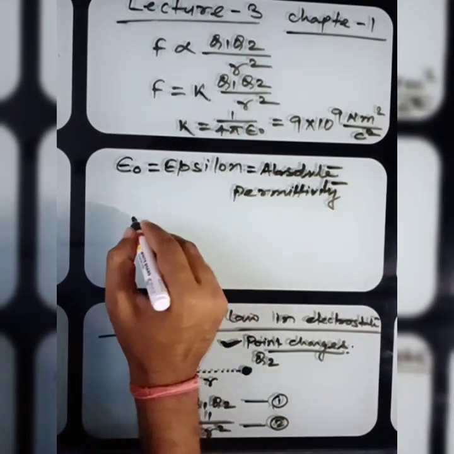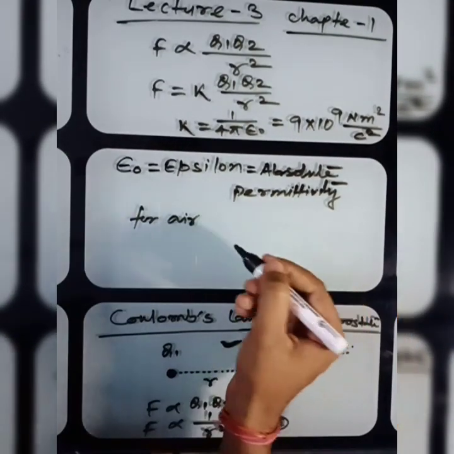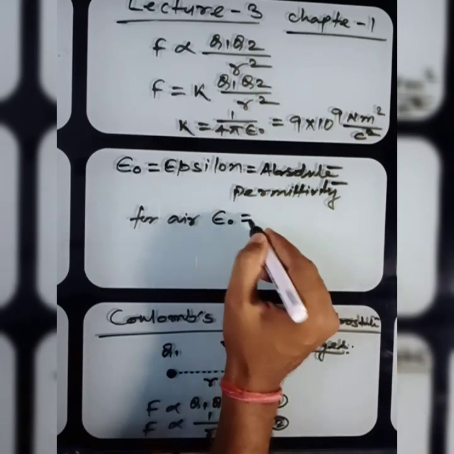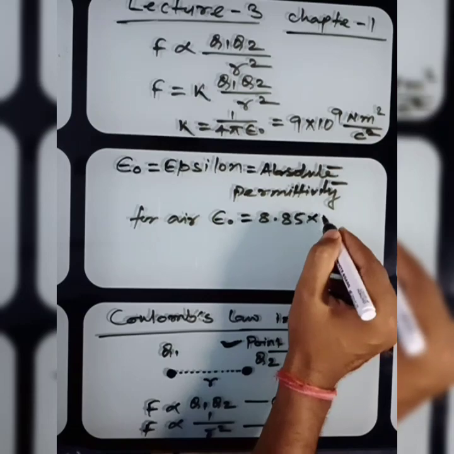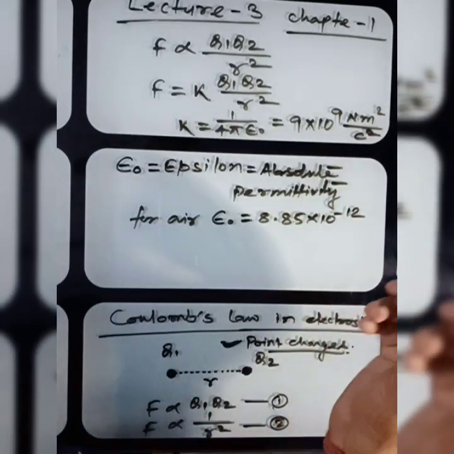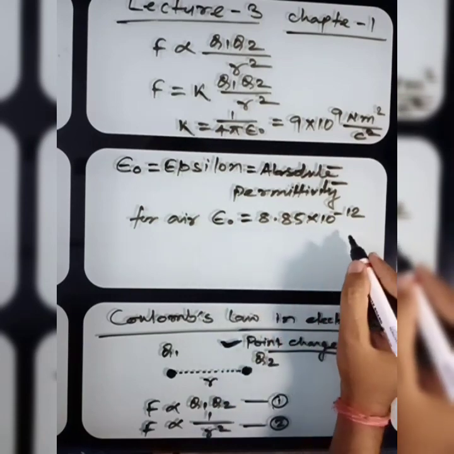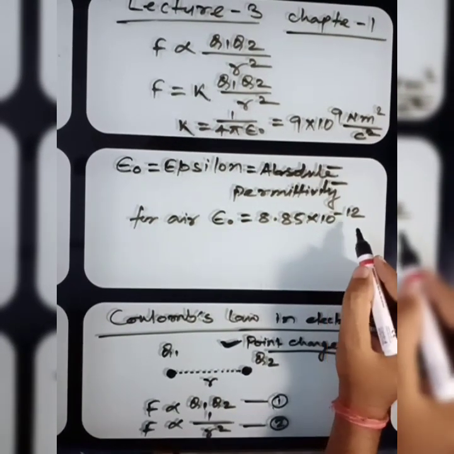For air or vacuum, this value is 8.85 into 10 to the power minus 12. I am leaving the unit of this epsilon naught for you. Try to find out the unit of epsilon naught.